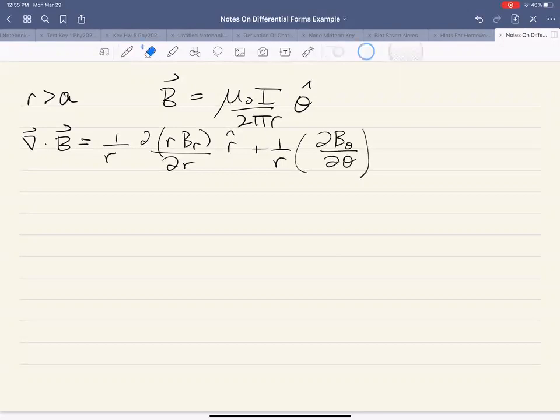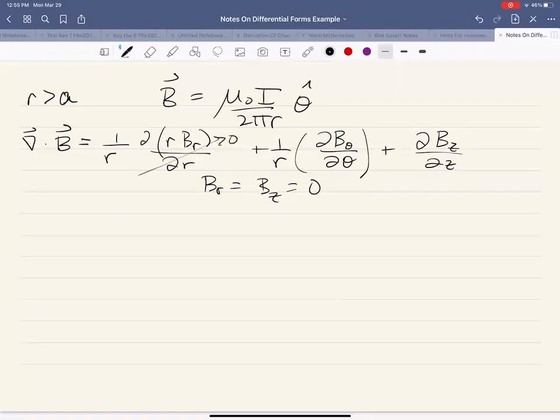Plus partial of B_z with respect to z. Okay, so that's what we have to do. Now, B_r and B_z are equal to 0 because there are no B_r and B_z components here. We just have the theta hat component, right? So this is 0 and this is 0 trivially.